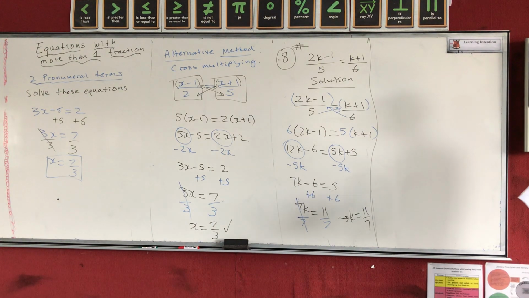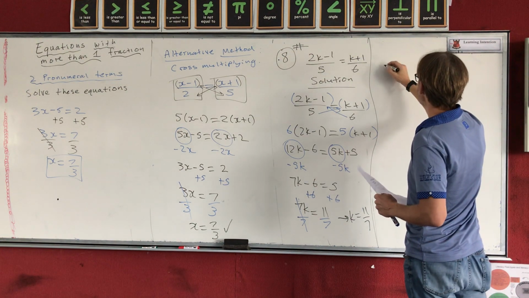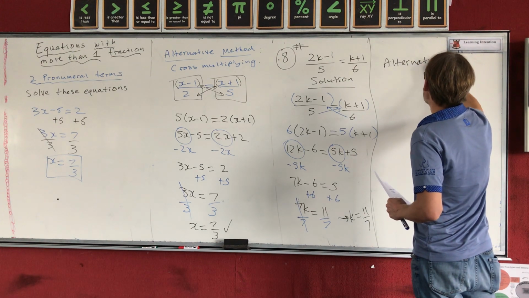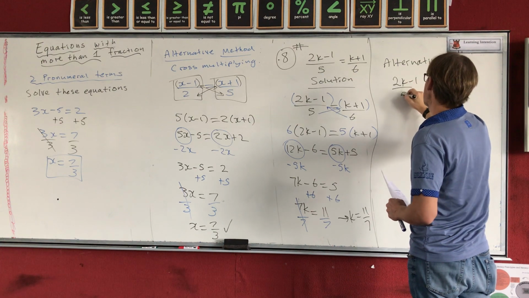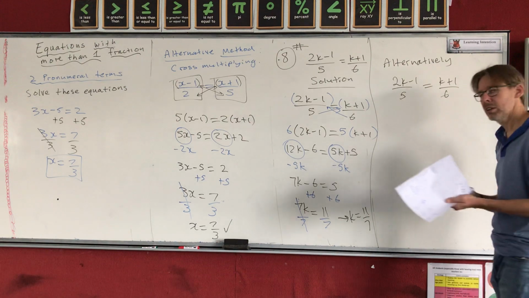Alright, now you're going to have a look at the second method with me now. So that's the cross multiplication method. So method 2, or I'll put down alternatively. Okay, here's the question, 2k minus 1 on 5 equals k plus 1 on 6.